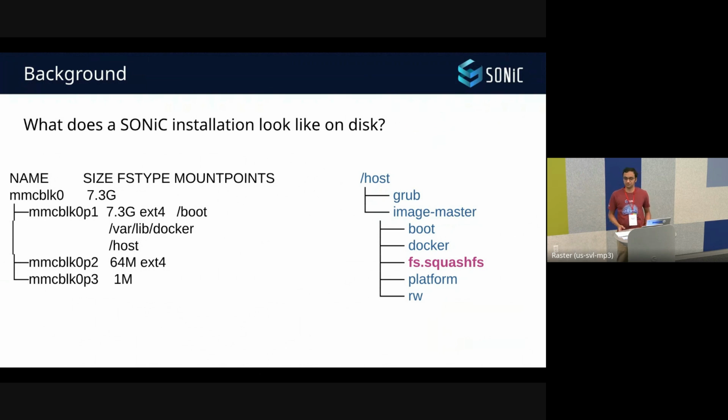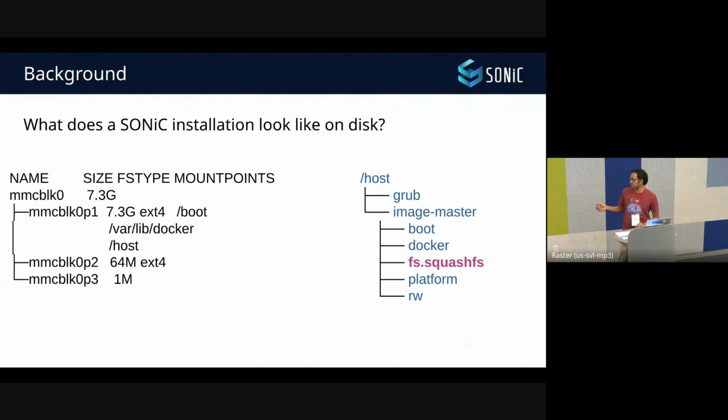Third one might be some filler partition. On the disk itself, everything that is on the disk ends in the /host directory. And there will be one folder for the bootloader, in this case, grub, and an image directory that has all of the files for the Sonic image, that particular image version.